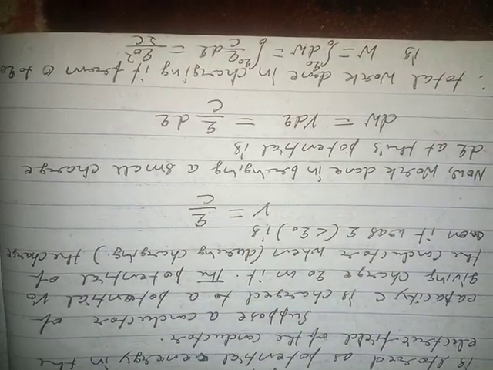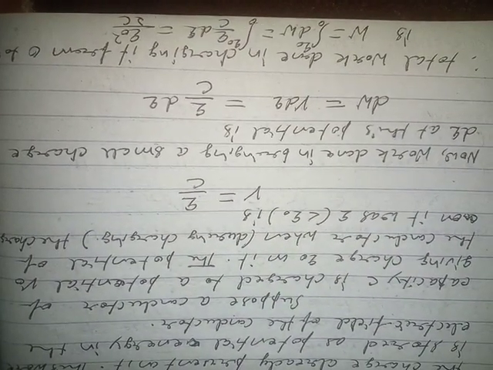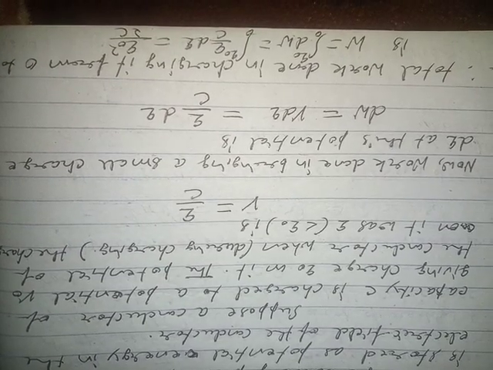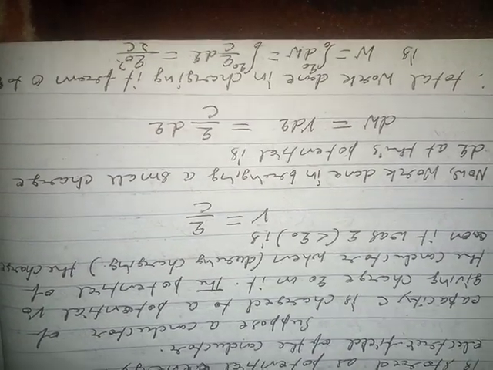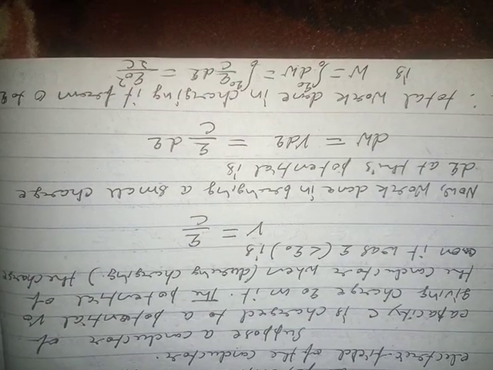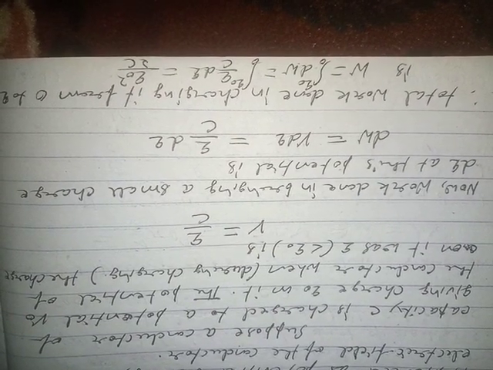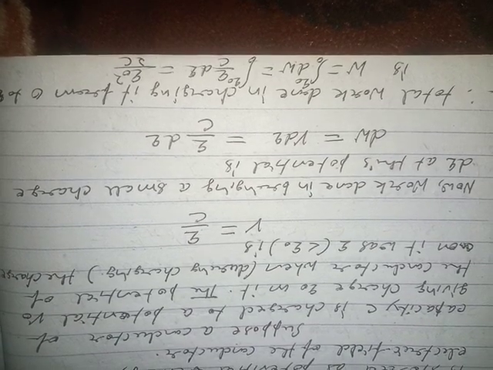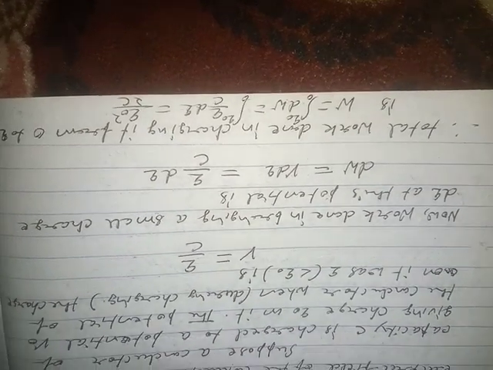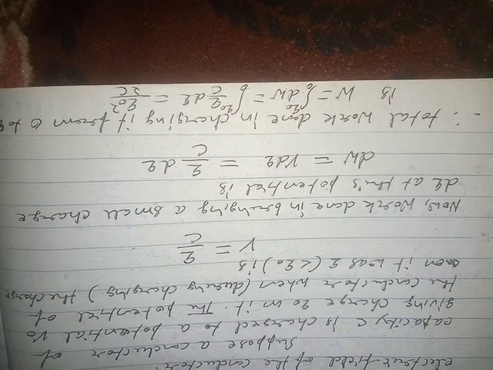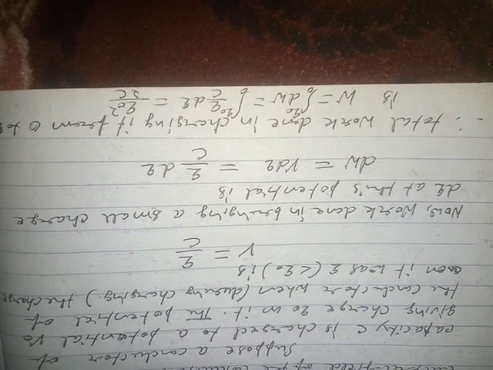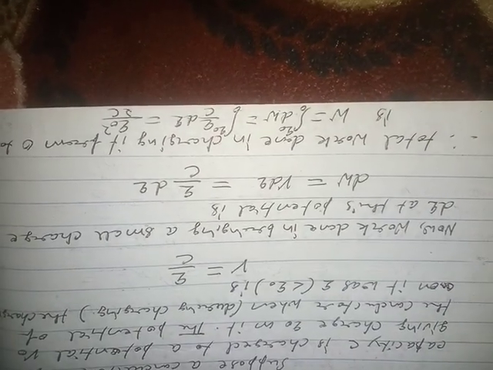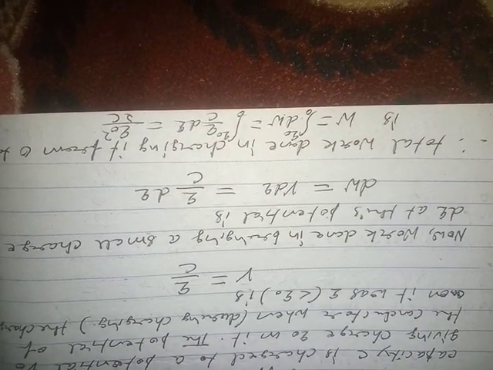Suppose a conductor of capacity C is charged to a potential V0, giving charge Q0 on it. The potential of the conductor when, during charging, the charge on it was Q less than Q0 is V equals Q by C. Now work done in bringing a small charge dq at this potential is dW equals V into dq equals Q by C into dq.